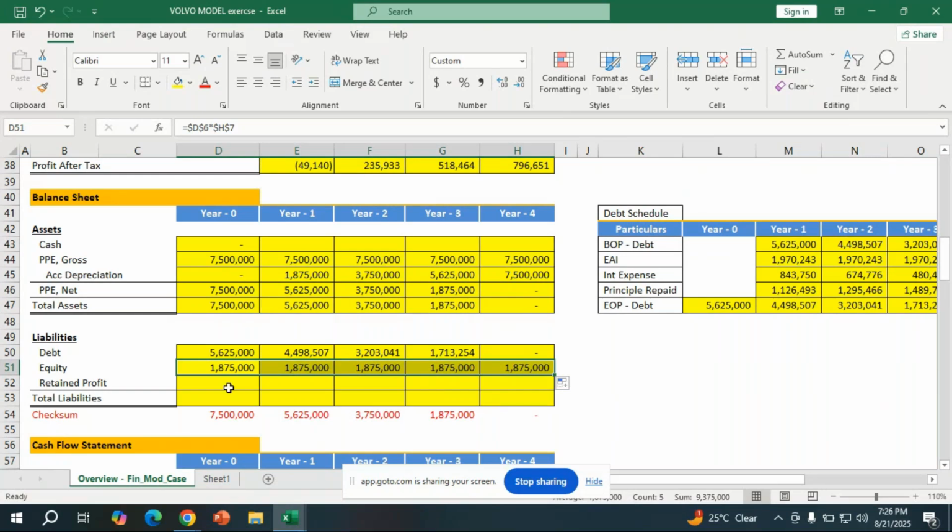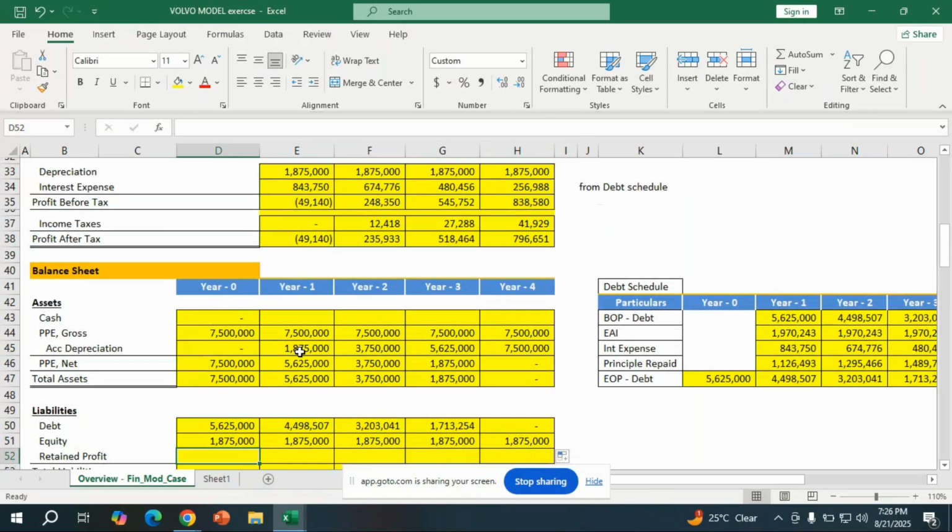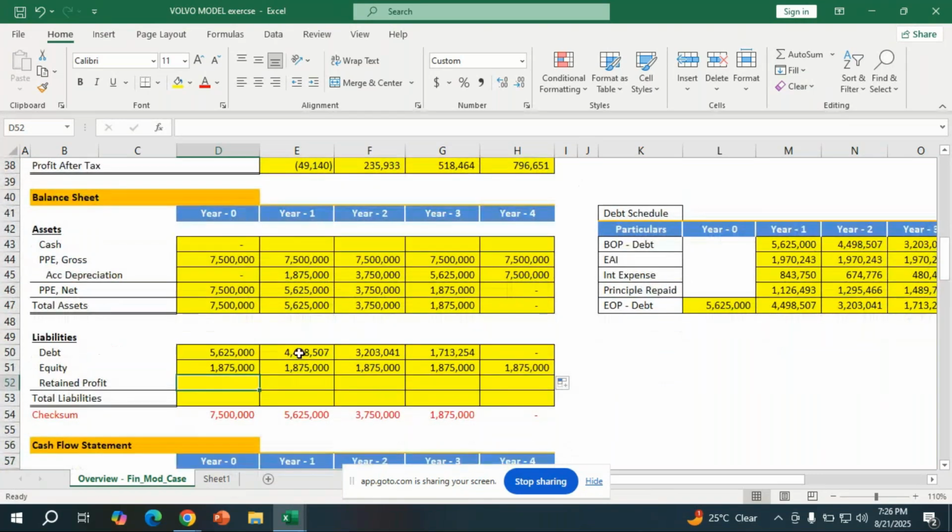Fine. So now, how is your retained profit calculated? I'll tell you. For year zero, it will be nothing, because in year zero we don't have any profits to add. It will be zero. Now, for year one onwards, carefully observe: equals to year zero. It works like your accumulated depreciation: the previous year's retained profit plus the current year's profit.